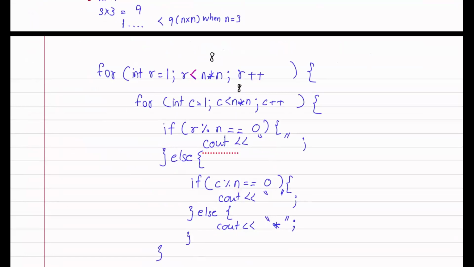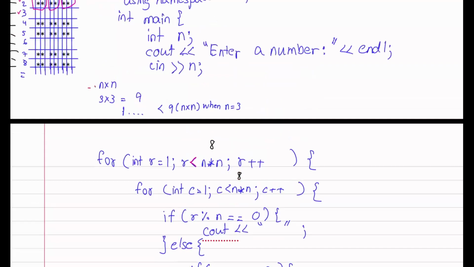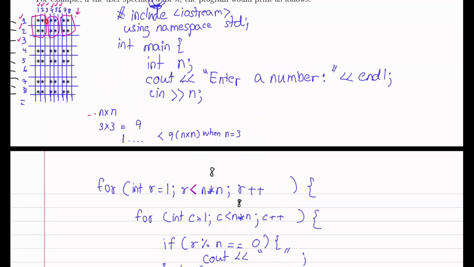It's not divisible by 3, so you print a star. Then the column becomes 2. The row stays 1, so it goes here. Column is 2, not divisible by 3, so it prints the star, and then the column is now 3. Column 3 is divisible by 3, it is 0, so you print a space. So this is row 1, column 3: you print a space.